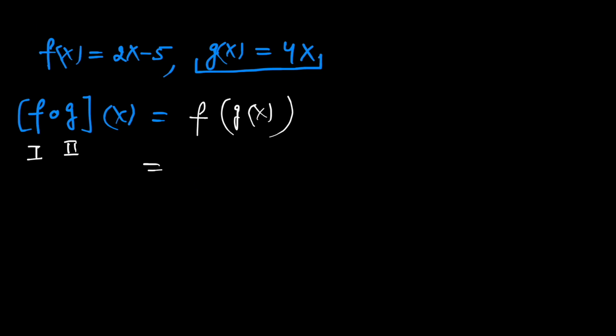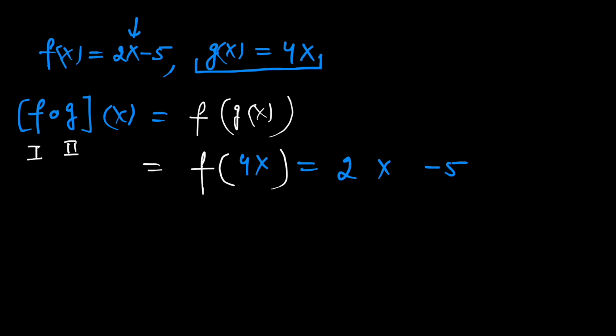So now I have f of 4x here. And what is the value of f of 4x? In the function f of x, we replace x with the new x, which is 4x. So if it is f of x, we have 2x minus 5.